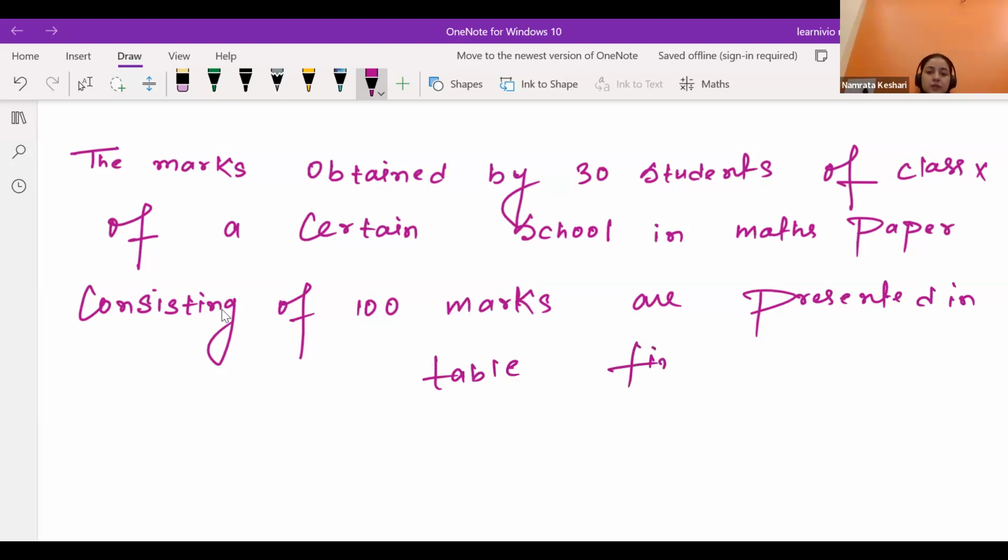Find the mean marks obtained by a student.